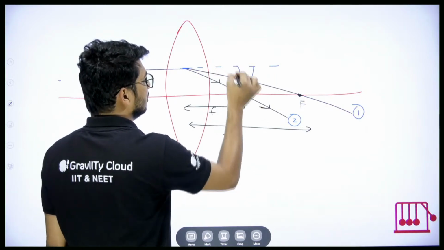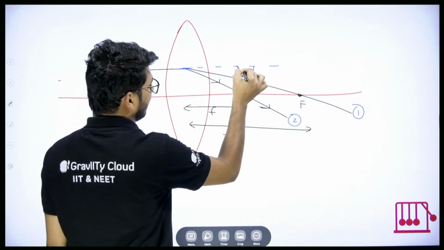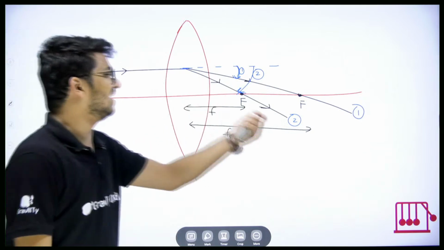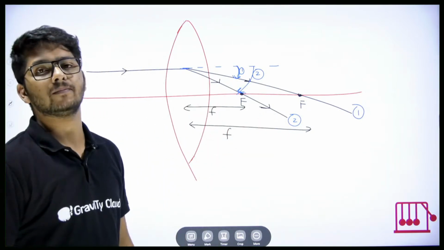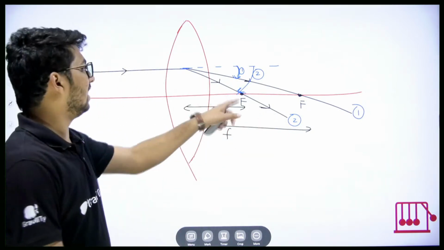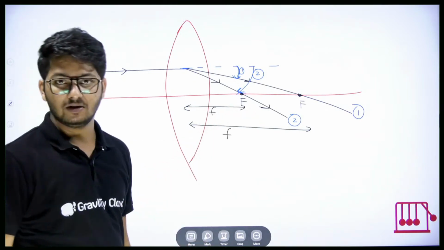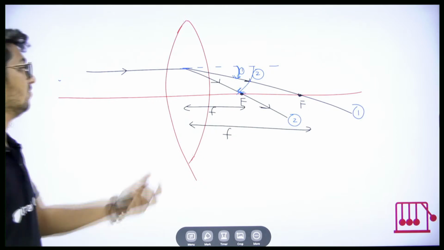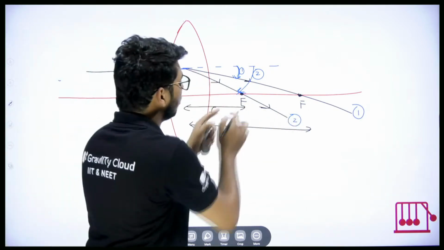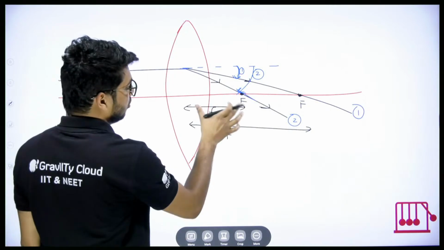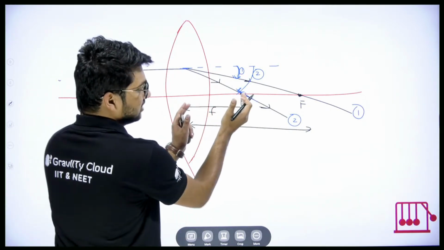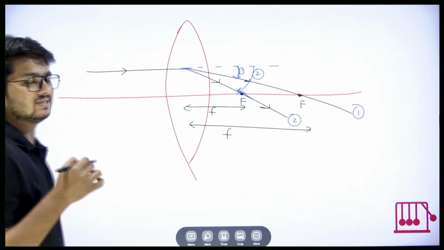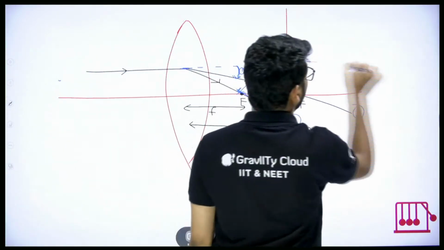This is for ray 1 and this is for ray 2. So which ray is bending more? Ray 2 is bending more. And in which case is the focal length less? The focal length is less for ray 2. The focus is here, so only this much is the focal length.